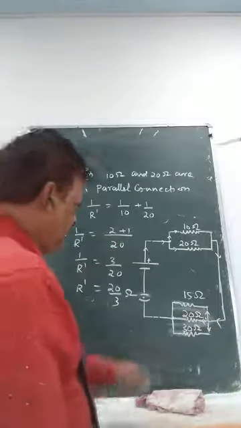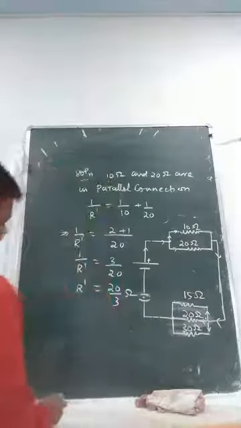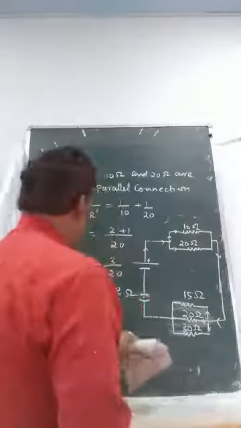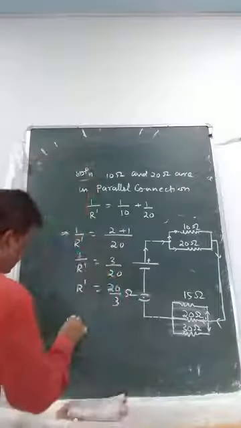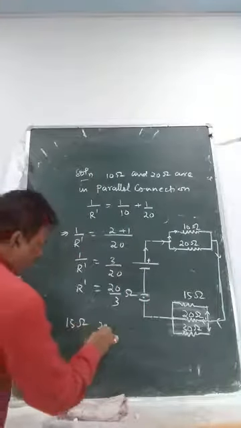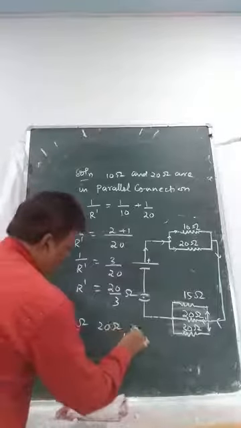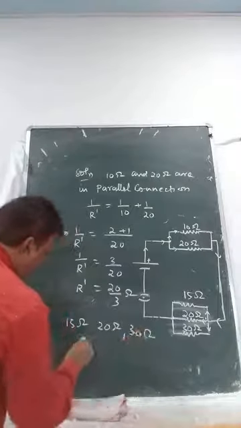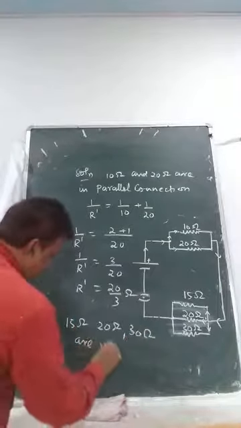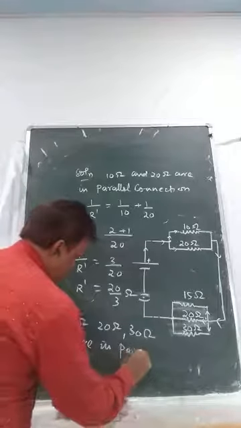Okay. Then come back to this. You can write here 15 ohm, 20 ohm, 30 ohm are in parallel connection.